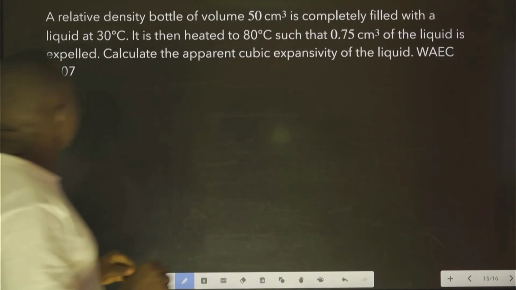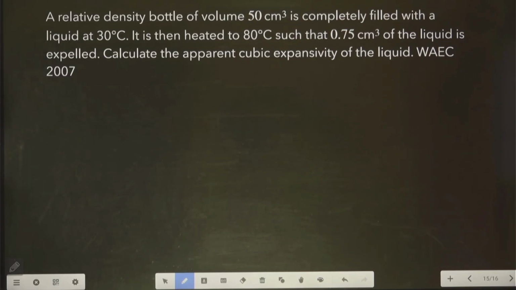It says, a relative density bottle of volume 50 centimeter cube is completely filled with a liquid at 30 degrees centigrade. It is then heated to 80 degrees centigrade such that 0.75 cm cube of the liquid is expelled. Calculate the apparent cubic expansivity of the liquid. Okay? What is apparent cubic expansivity again?